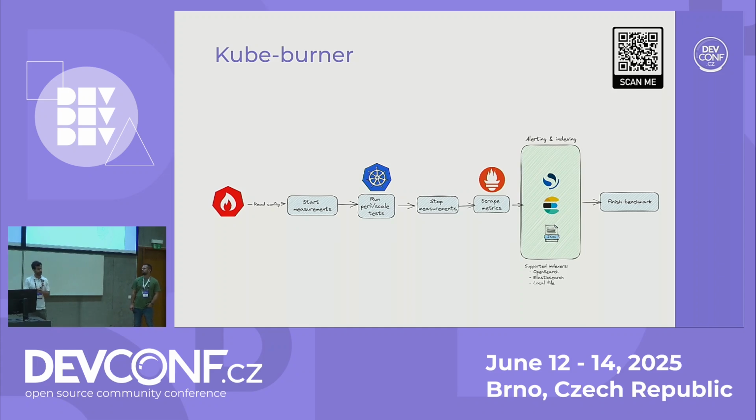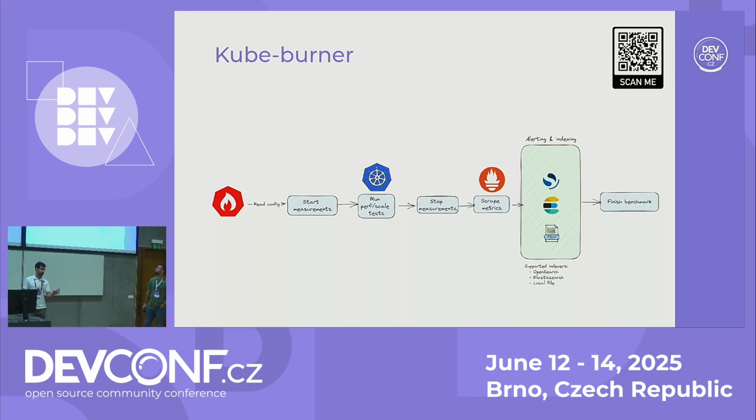KubeBurner reads the instructions and all the configuration parameters from there, then starts the measurements, if any of them is enabled, meaning that it starts measuring what happens in the cluster right before executing the next step, which is to run the performance and scale tests.